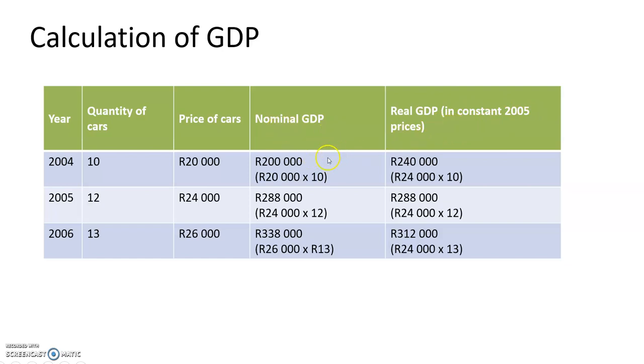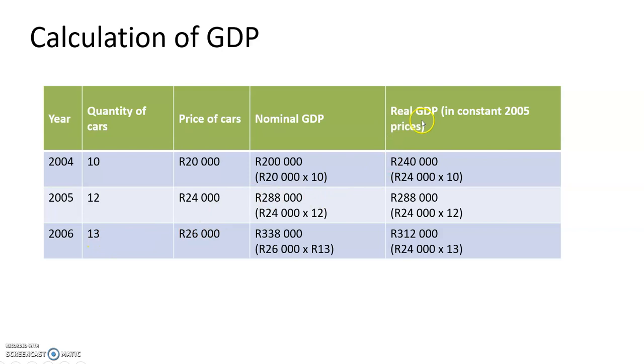So when we look at the nominal GDP for 2004, it's 20,000 Rand times the 10 cars. For 2005, it's 24,000 Rand times 12 cars. And for 2006, it's 26,000 Rand times the 13 cars.